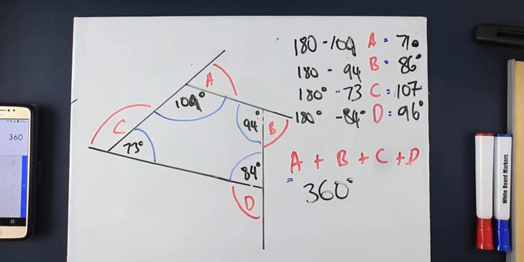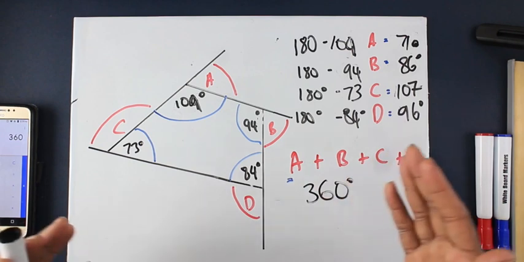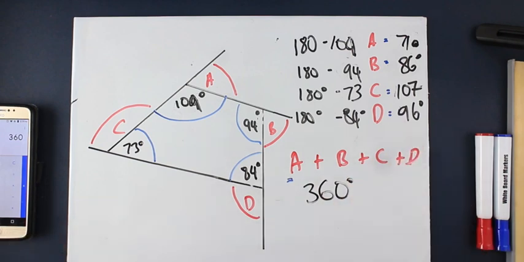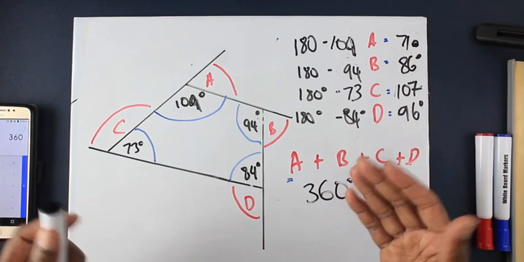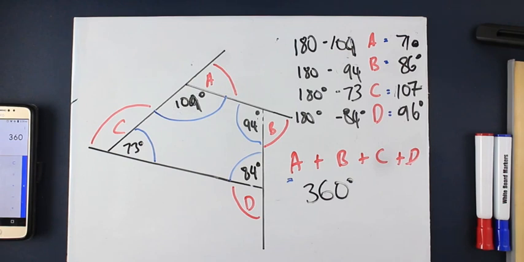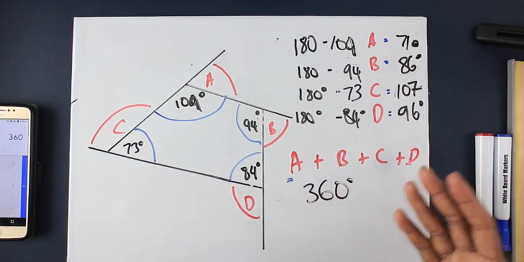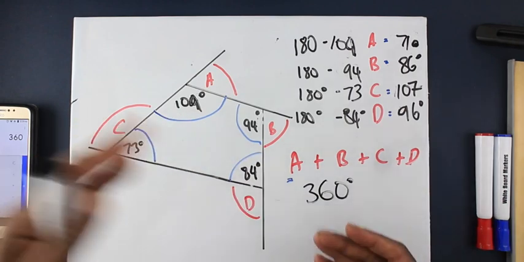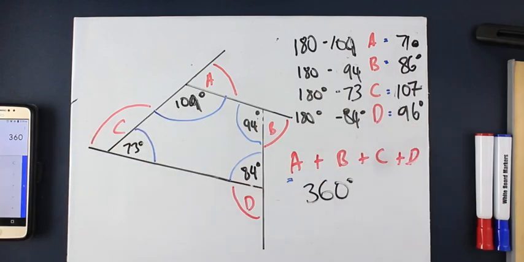All of the external angles of the irregular pentagon were 360 degrees, and now all of the external angles of the quadrilateral, well, that's 360 degrees. This leads us to an interesting conclusion, and the conclusion is that all of the external angles, if they're facing the same way, of any polygon will add up to 360 degrees.